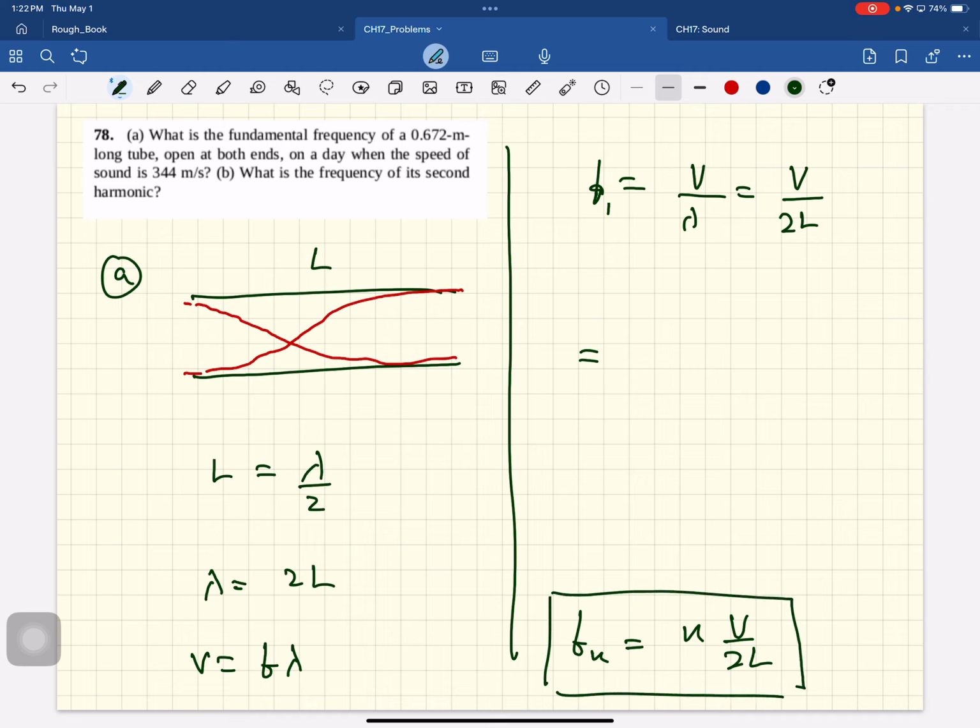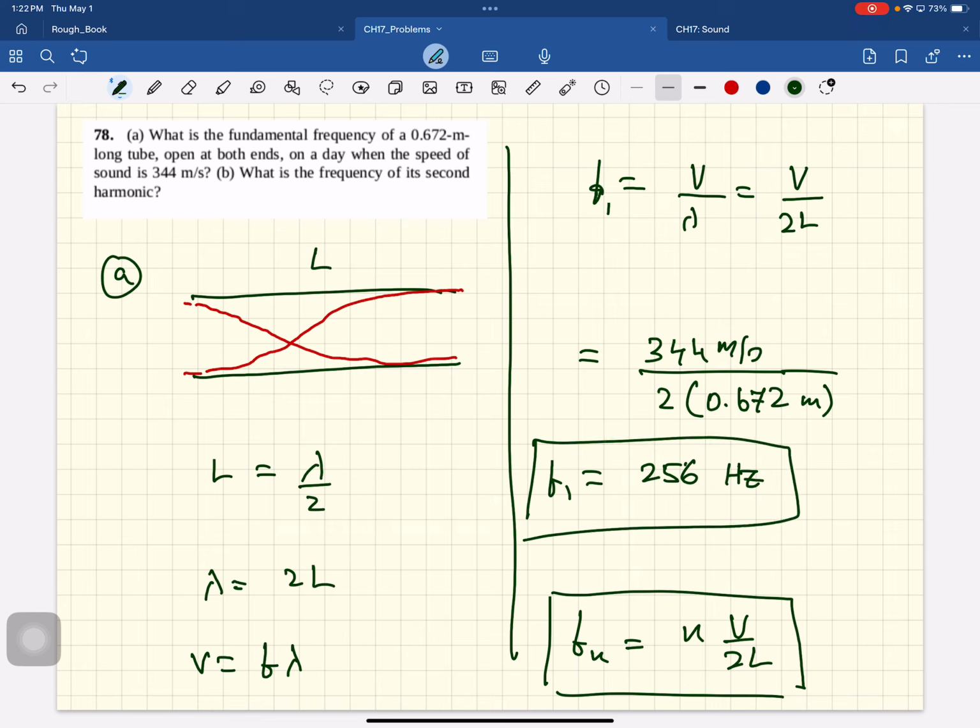All right, so V is 344 meters per second, and 2 times 0.672 meters, which gives 256 hertz.